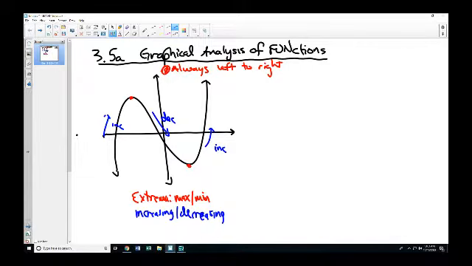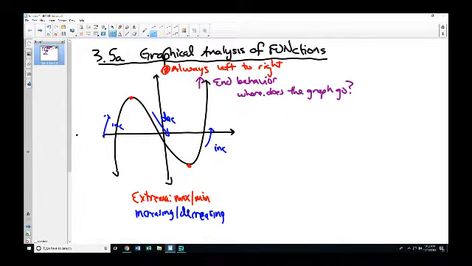Okay, we can also do something called end behavior. That's where does the graph go? So, where does that one go? To the ceiling. Up to what?